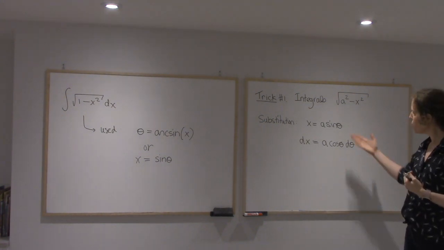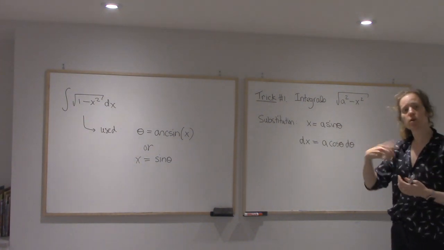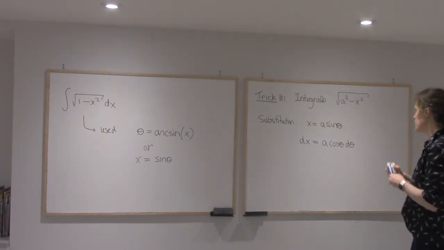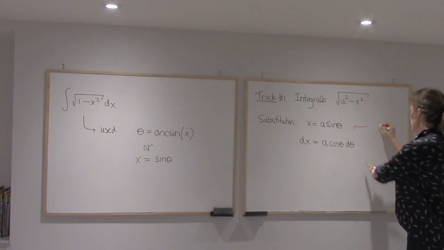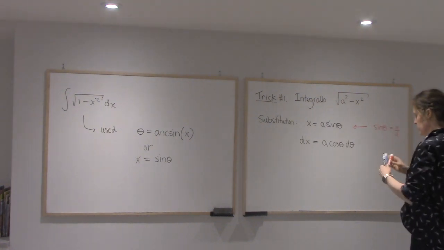And now I want to know, well, what does this have to do with this square root? Well, for this, I'm going to go back to the triangle. So if you notice here, I have that sine theta is x on a.